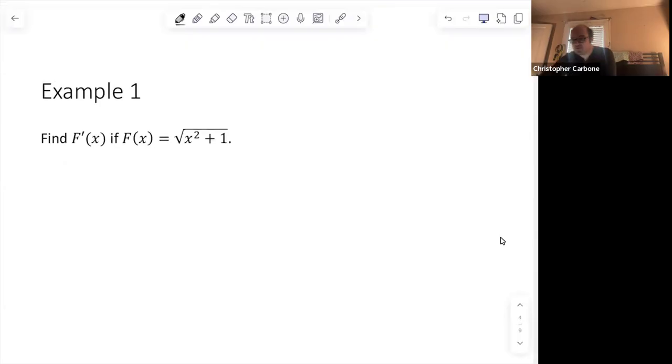So to give an example here, using that function from before, we're going to find capital F prime of x, if capital F of x is the square root of x squared plus 1. This is the same thing, if it's helpful to write out, as x squared plus 1 to the 1/2, right? So for us to do this, we would take this power that we have for the outside function, toss that in front, and decrease the power by 1.